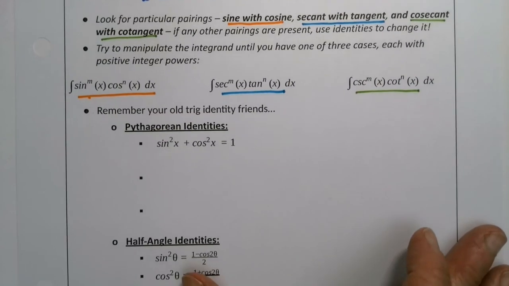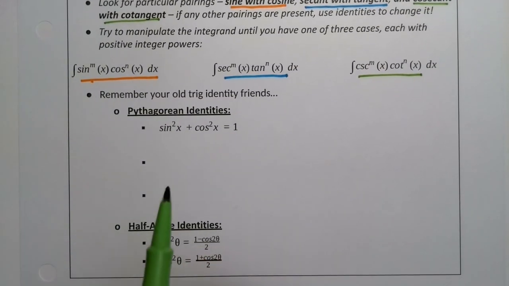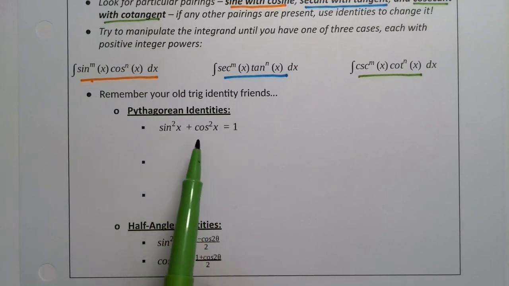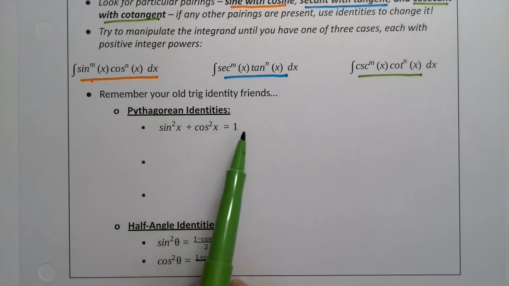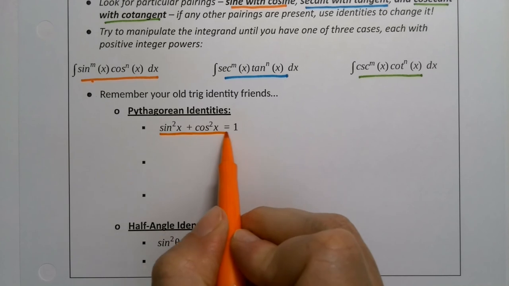And before we go any further, what are some identities we could use? Well, there's everybody's favorite, the Pythagorean identity. Sine squared plus cosine squared is equal to 1, right? Which is the basic one. It's using sine and cosine.